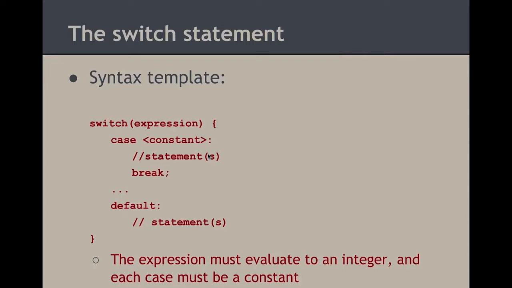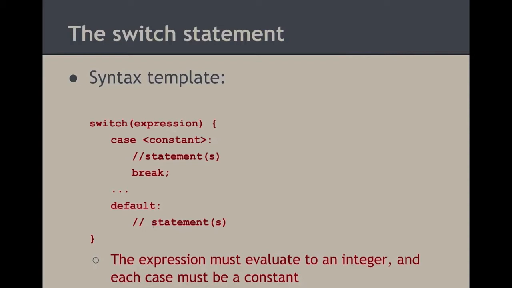Then usually we'll put a break statement after those statements. Then you can repeat this as many times as you want for as many different constants as you care to use. And at the end, if you need a none of the above option, you put default with a colon and then the statements for the default case.